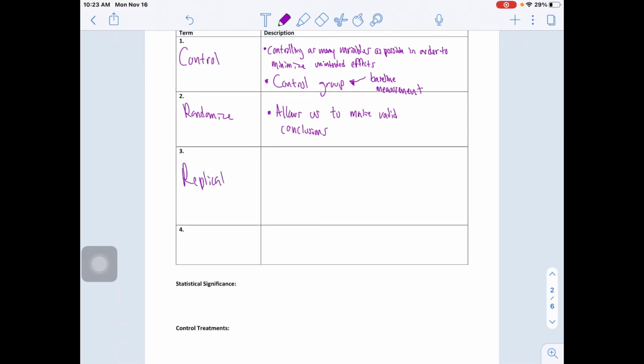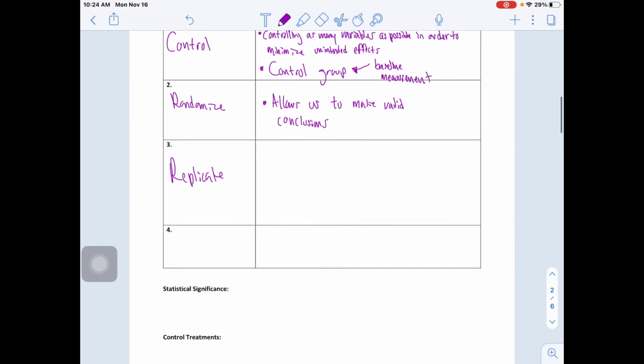This other one, replicate. Replicate literally means just do it again. A couple different ways we could do this: we can assign treatments to many experimental units, to many subjects.